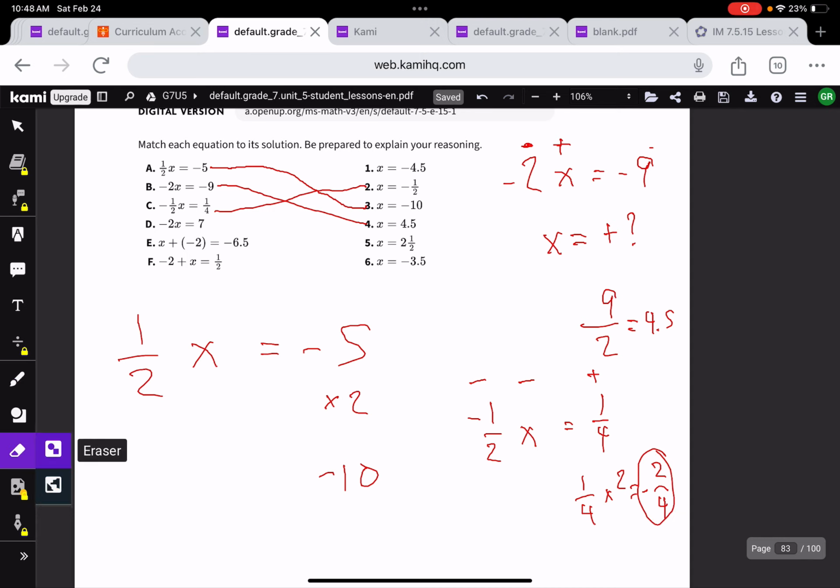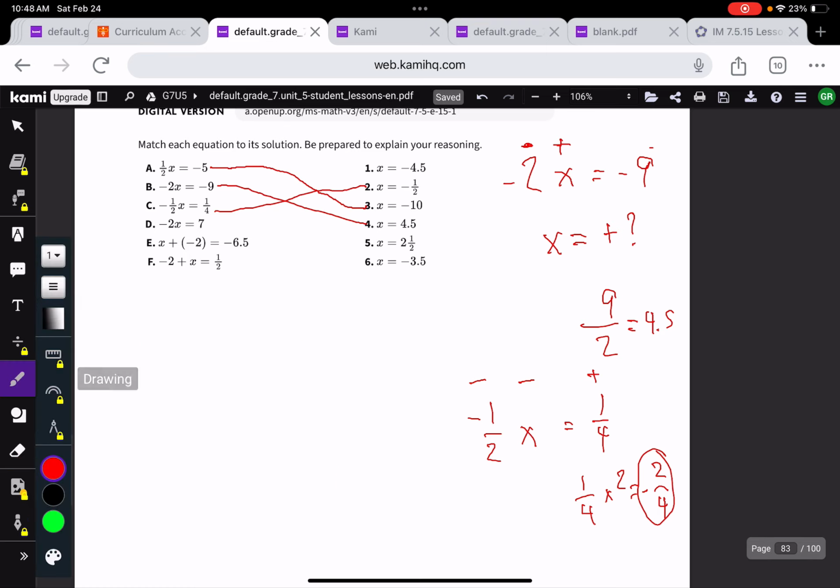I'm going to erase over here so I have some space. And let's look at letter D. Negative 2 times something equals 7. Let's ignore the negatives. I do know that a negative times a negative will equal a positive, so I know x has to be negative, and by process of elimination, that leaves 1 and 6.